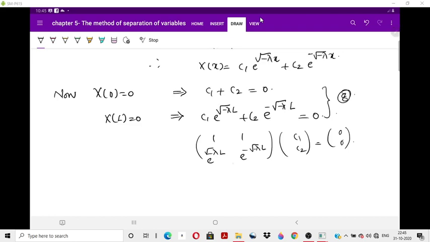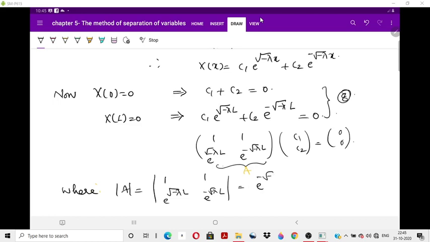Let this be the matrix A, such that the determinant of A is equal to e raised to minus root of minus lambda L minus e raised to root of minus lambda L, which is not equal to 0.